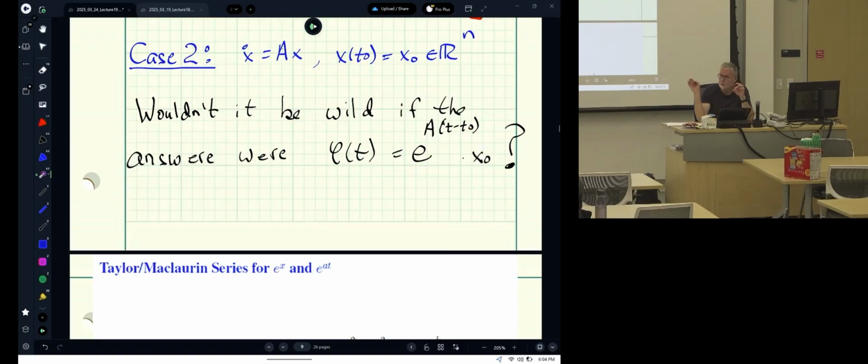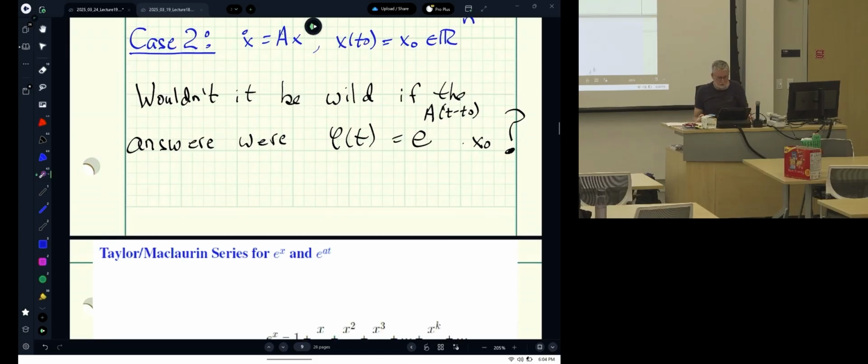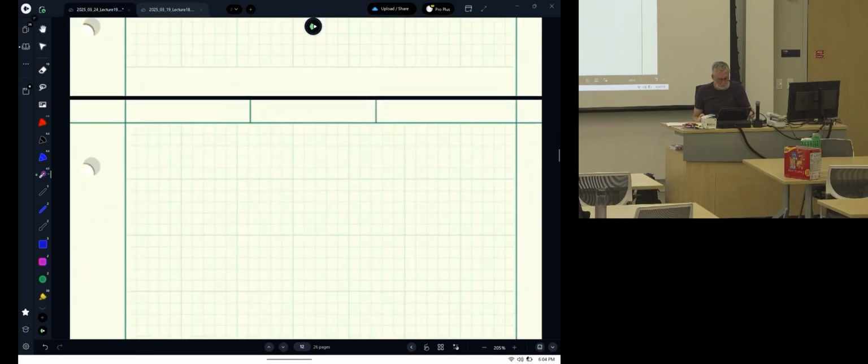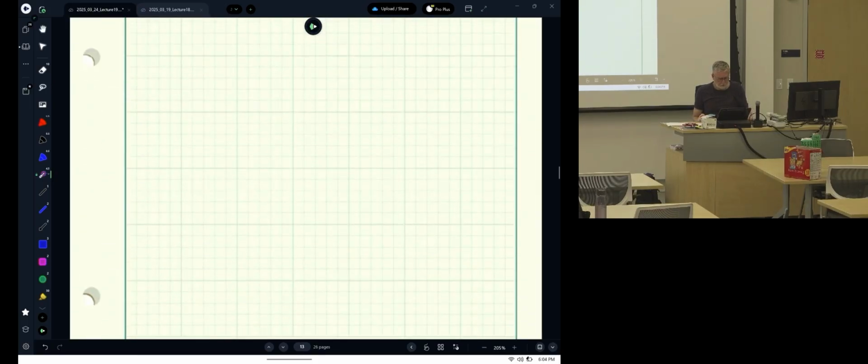It satisfies the initial condition. And then when we calculate phi dot, the A comes down and we satisfy the ODE. So we'll write all this out on Wednesday, but this is our solution.